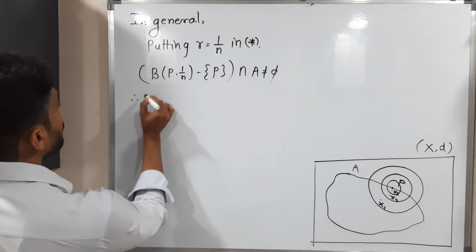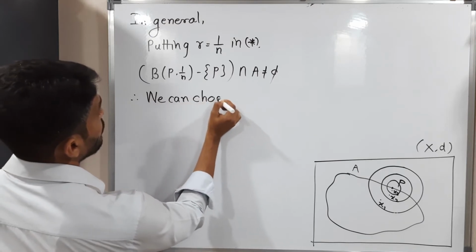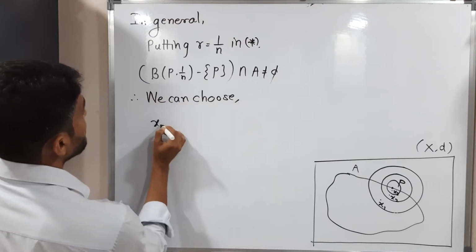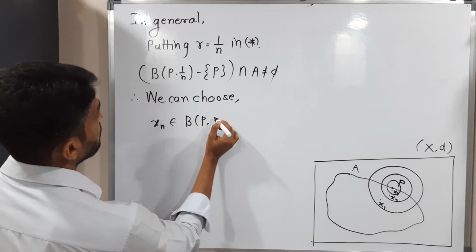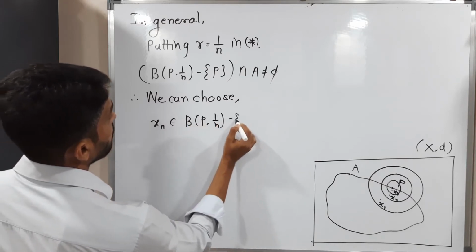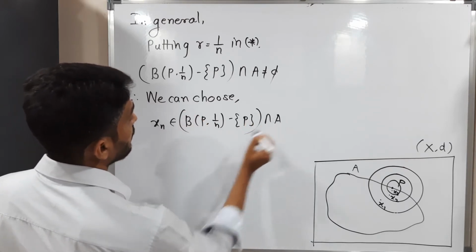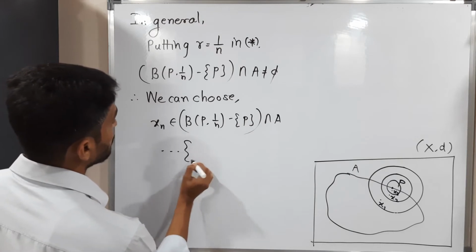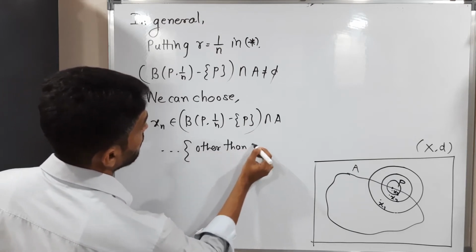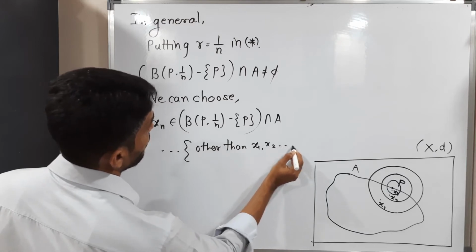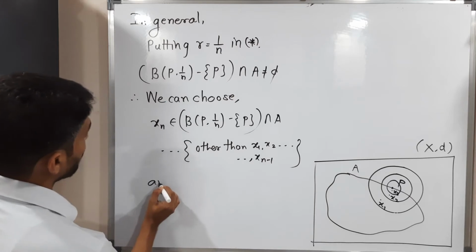Therefore we can choose xn belonging to B(P, 1/n) minus {P} intersection A, and I should mention other than x1, x2 and so on up to x(n-1).